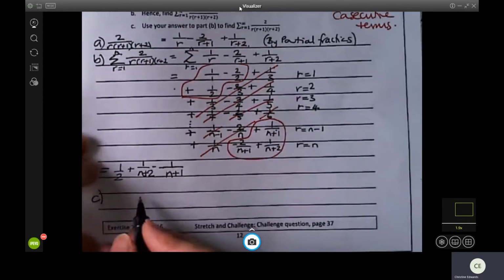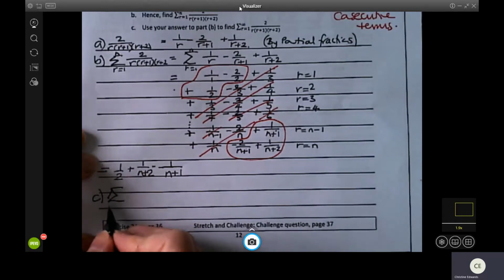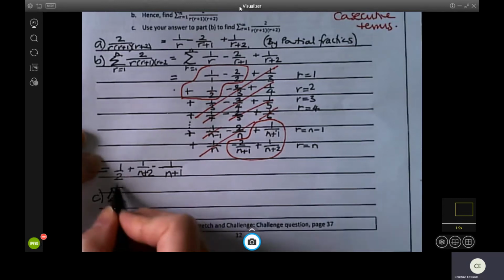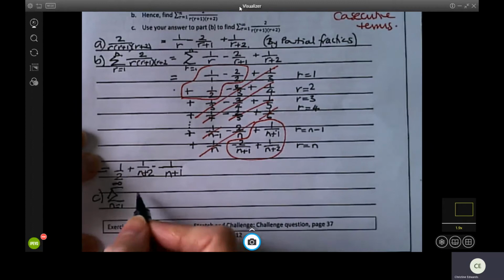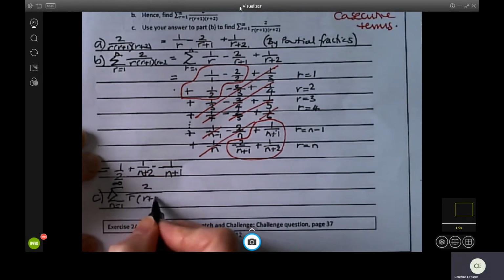So let's have a think about what they're asking me for. They're asking me for the sum between n equals 1 and infinity of my original question, 2 over r, r plus 1, r plus 2.